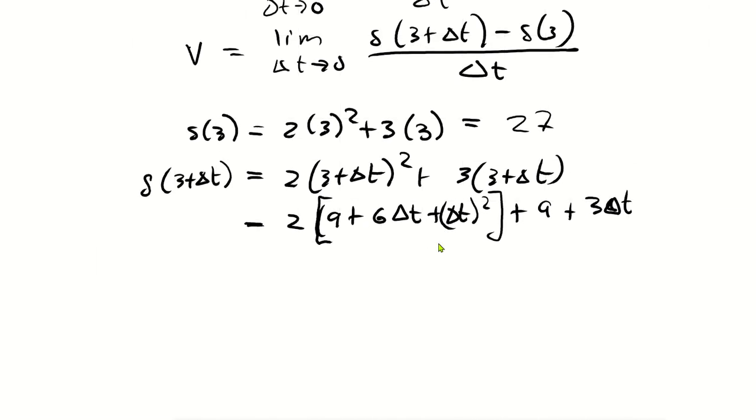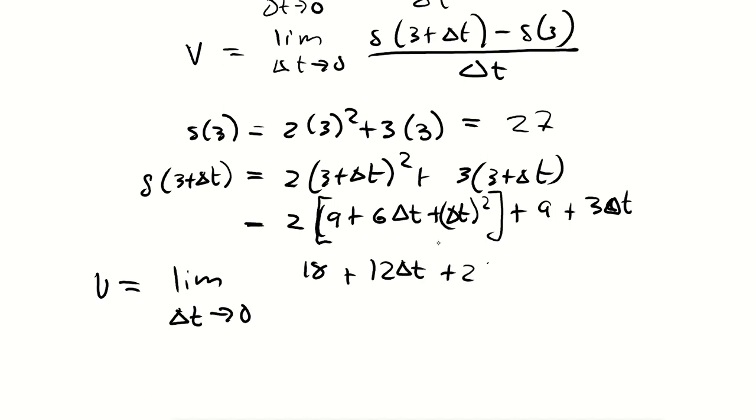Now we substitute this one into our formula for the velocity. So the velocity is the limit as delta t approaches 0. So this is 2 times 9, so we have 18 plus 2 times 6, 12 delta t, plus 2 delta t squared, plus 9 plus 3 delta t.